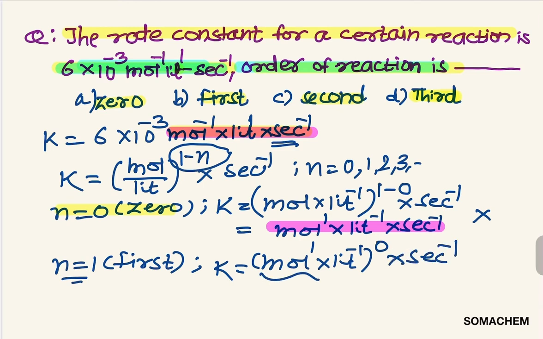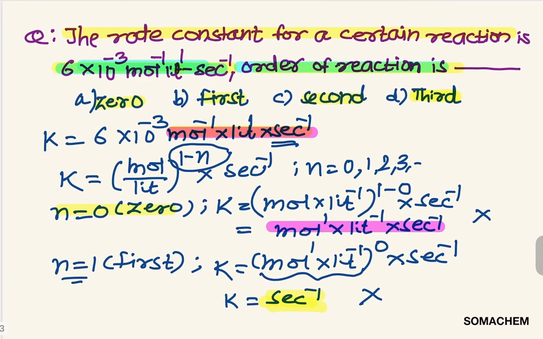A whole term raised to 0 and anything raised to 0 is 1, so here K is equal to second inverse. So what is the unit of rate constant in case of first order reaction? It is second inverse. That is, the given problem is not an example of first order reaction.